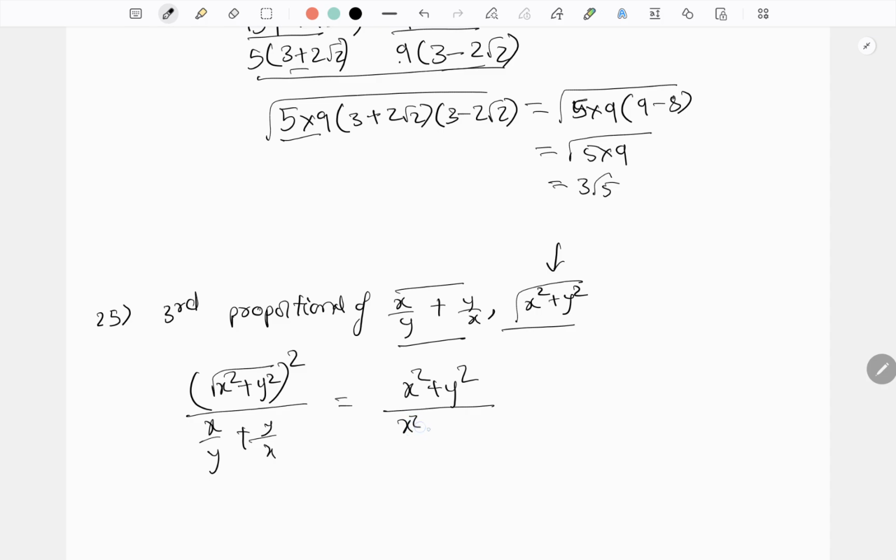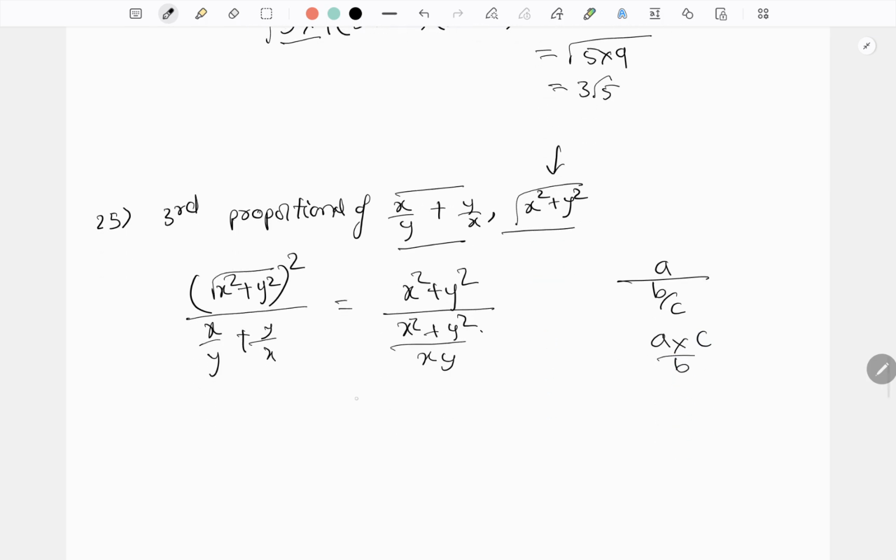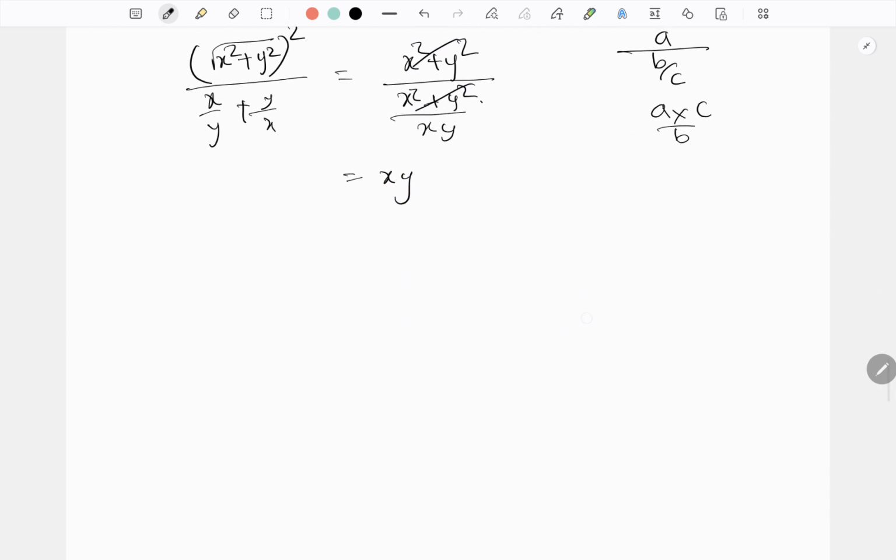Now x square plus y square by xy. A number is divided by a fraction, means a by b by c can be written as a into c by b. So in the same way, now what will happen? These both will get cancelled, xy will be the answer.